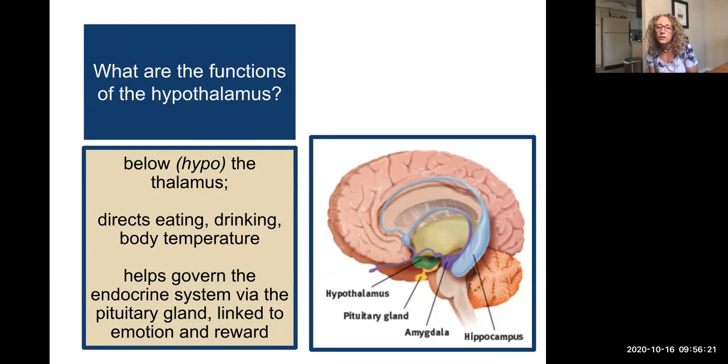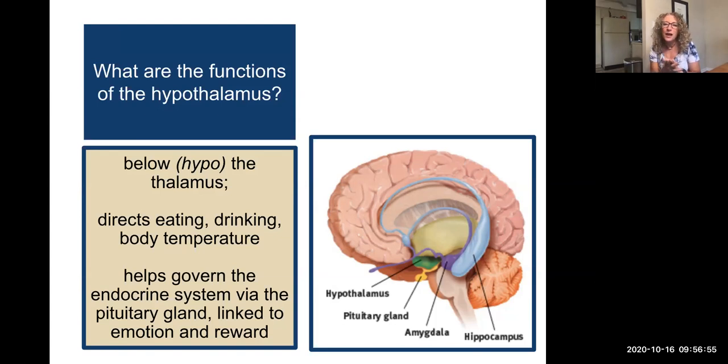We also have a little mnemonic device for this. We say the 4 F's of the hypothalamus. One F means food, as in eating and drinking, so you've got to remember both. Fever, as in body temperature, is the other F. Fun: there's definitely an activation of general pleasurable feelings.